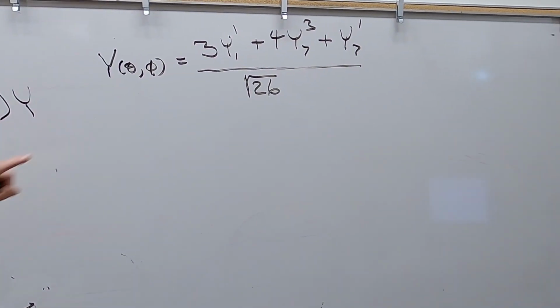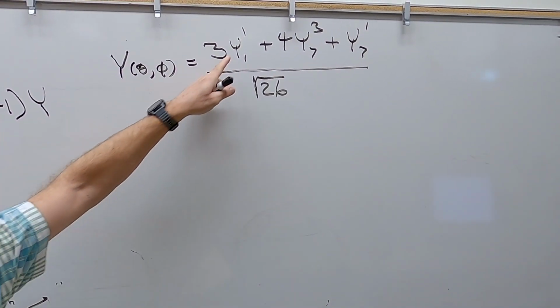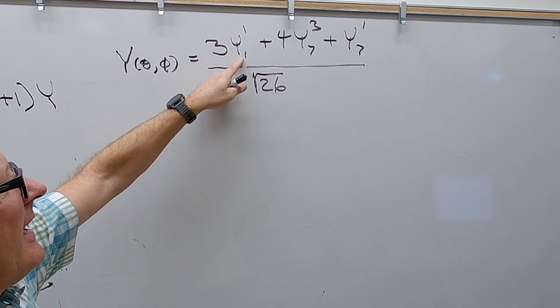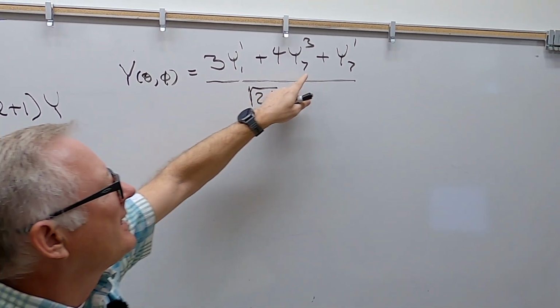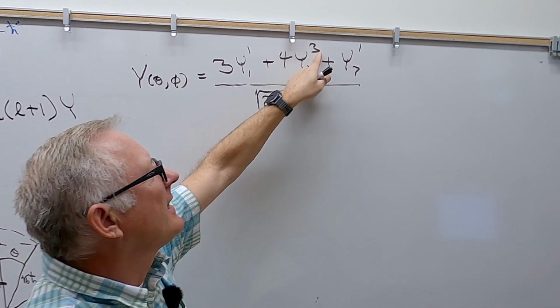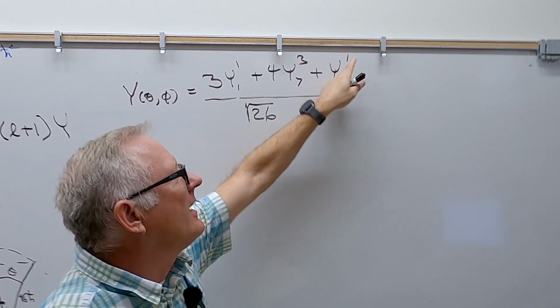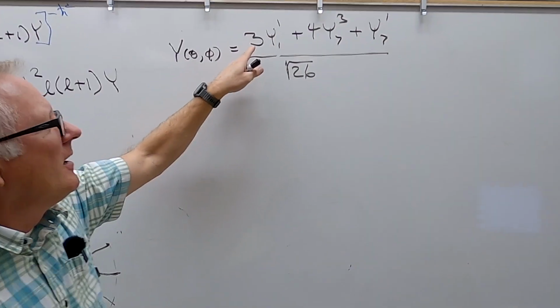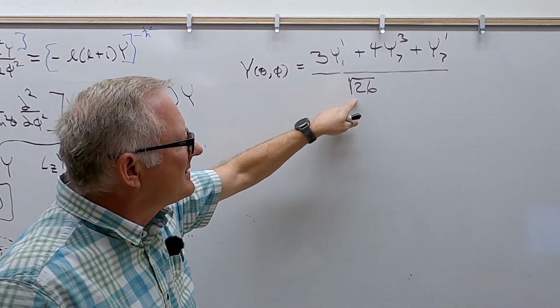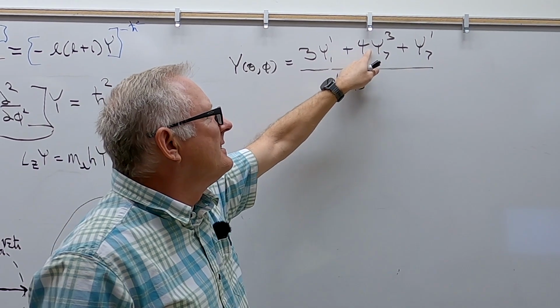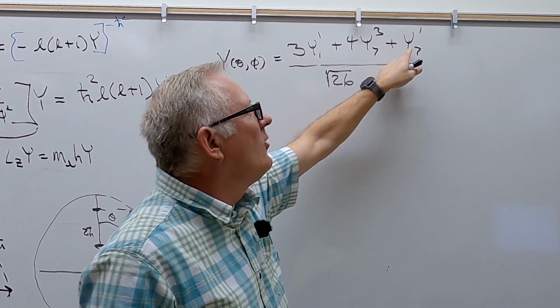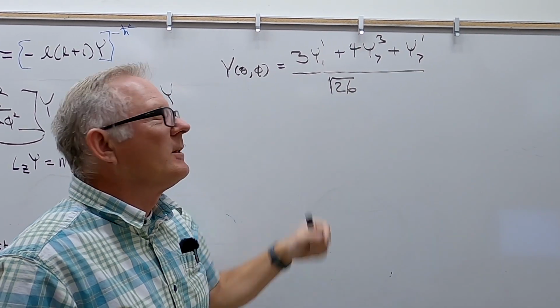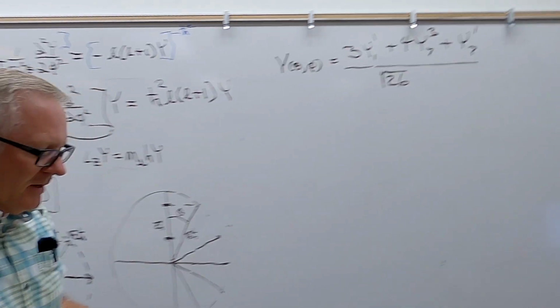Okay, so this is made up of a mixture of the Y11, L equals 1, m sub L equals 1; L equals 7, m sub L equals 3; and Y L equals 7, m sub L equals 1. You can see that this is normalized because this is 9/26 and 16/26 and 1/26. So it's normalized to 1.